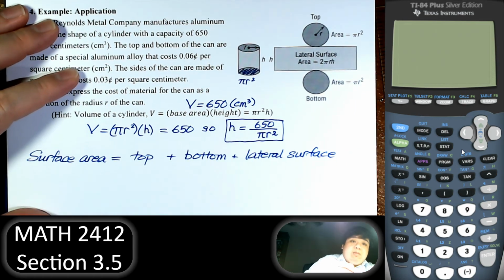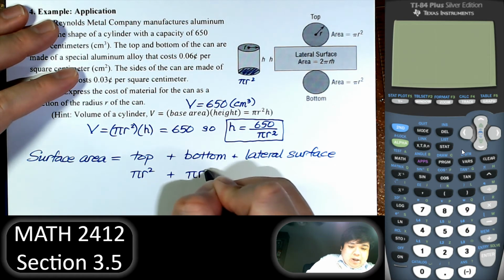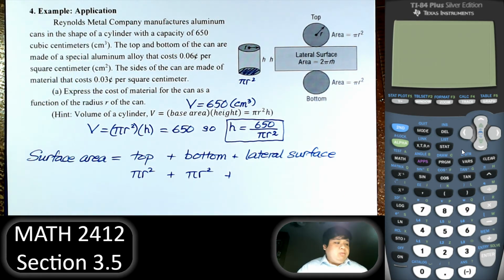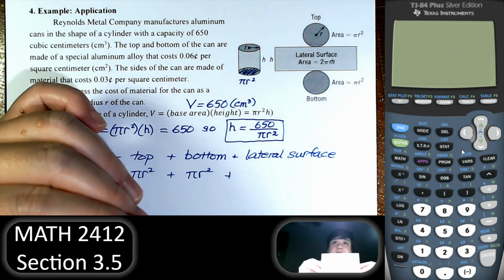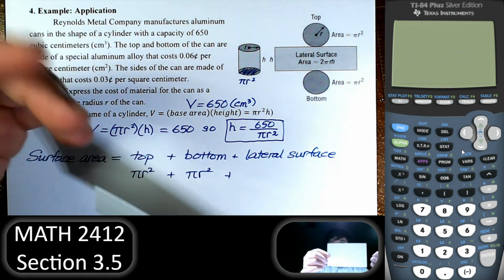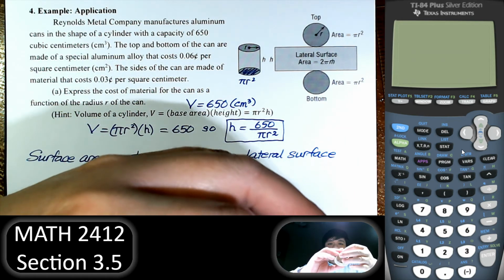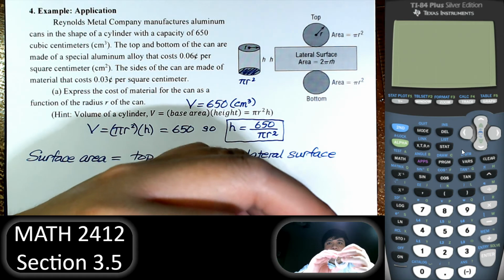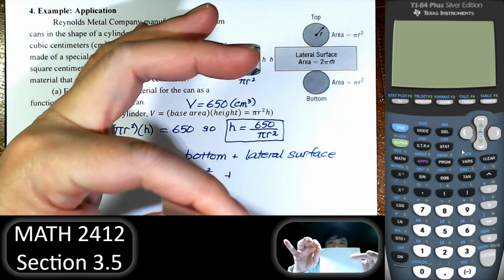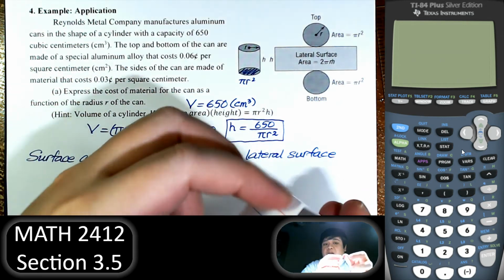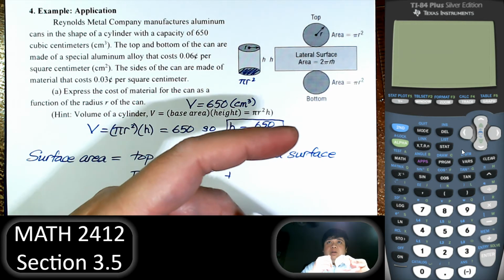It is easy. The top is pi r square, the bottom is also pi r square. But for the lateral surface, think about this: we have a piece of rectangular aluminum, for example, and we're going to roll that to make a can. In that case, the length of the rectangle is the same as the circumference of the circle, right?